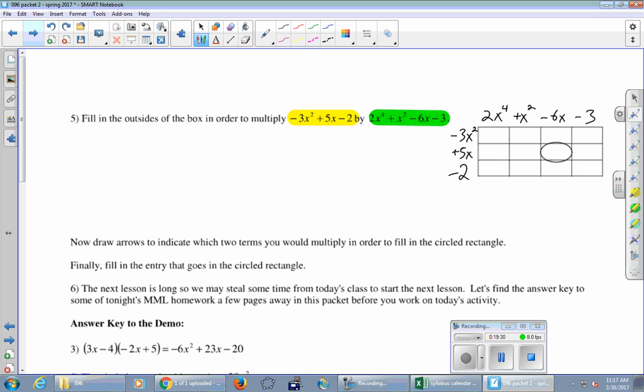How many little boxes are inside the big box? 12. All right, I'm not going to ask you to do all 12 here. I think I will in the activity, but you just do 12 multiplications and you fill it all in. I want us to focus on that one that's kind of in the oval there. Can you figure out what two things get multiplied and then put your answer in that oval?